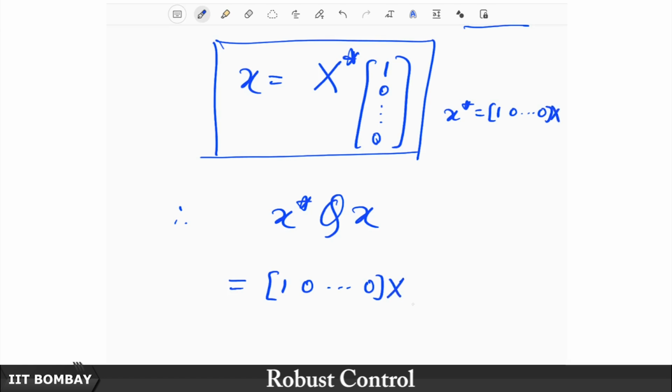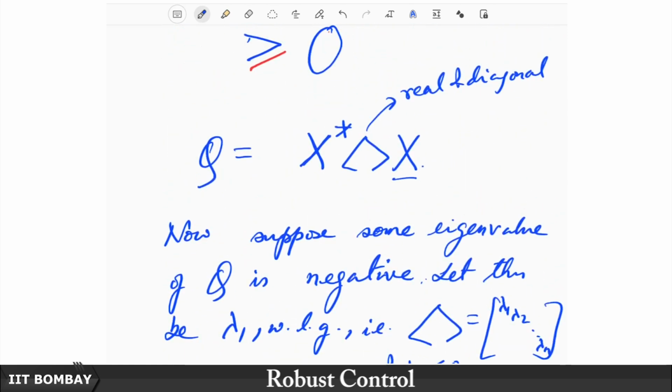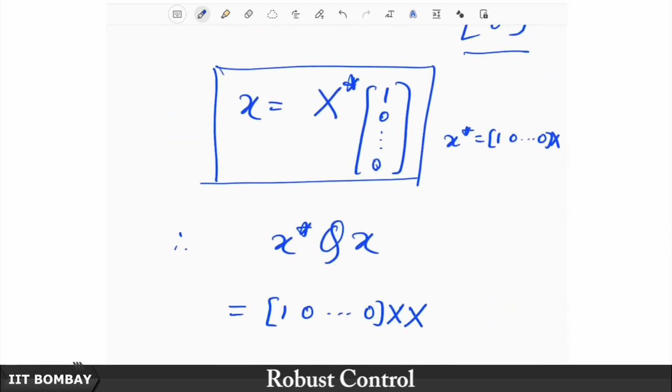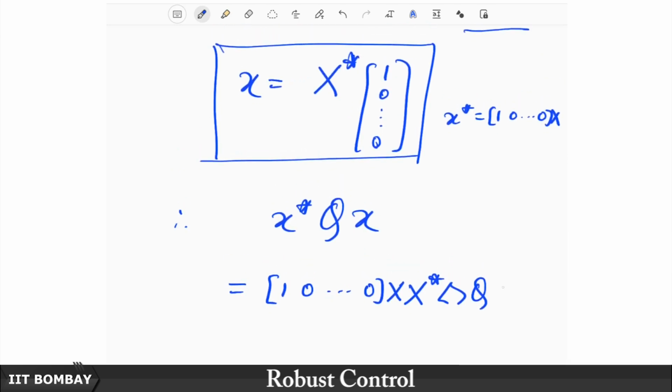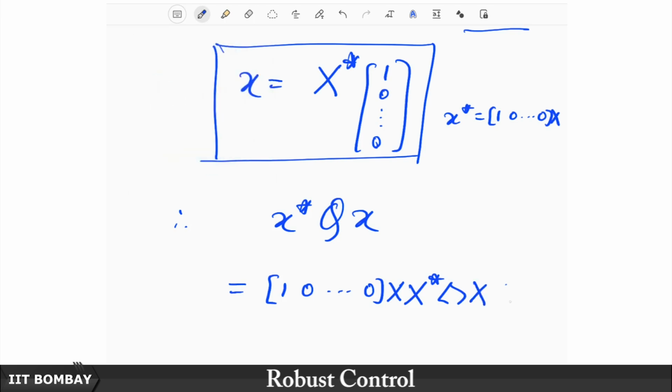This is x, and we have that Q is equal to X Hermitian lambda X. So this is X Hermitian lambda X, okay. And finally we have X starred 1 0 0 0 0 like this, okay.